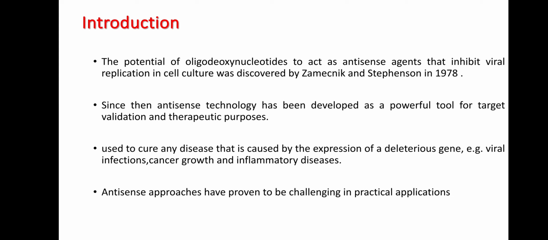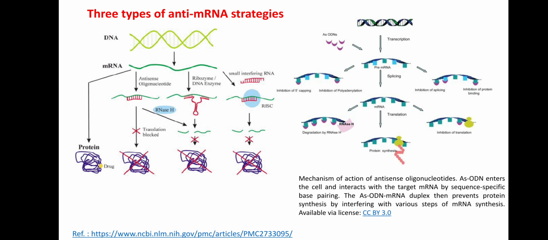Nowadays it is used as a powerful tool for target validation and therapeutic purposes for a number of genetically altered molecular diseases, and for inhibition of viral infection, cancer growth, and inflammatory disorders. This technology has a huge number of challenges, so work is still going on.